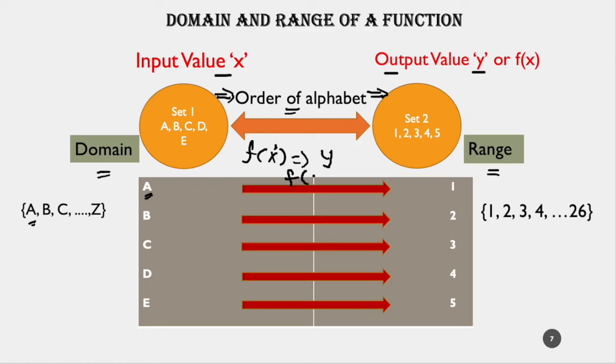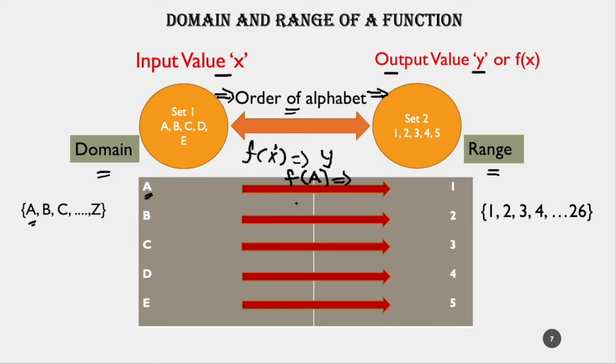It would be f of A. That would be 1, because the output value would be the order of the alphabet. That means A is the first letter of the alphabet, so we write 1 corresponding to A.